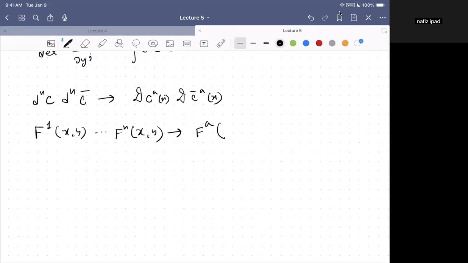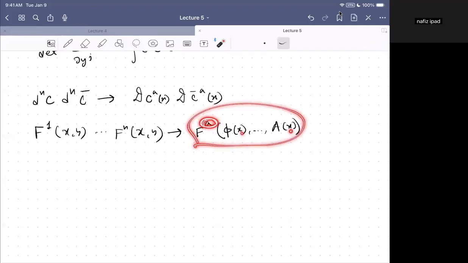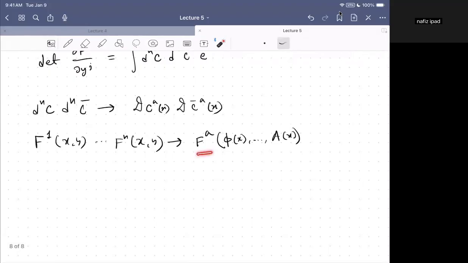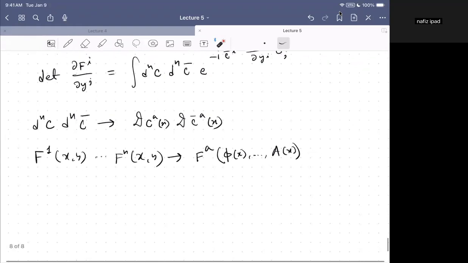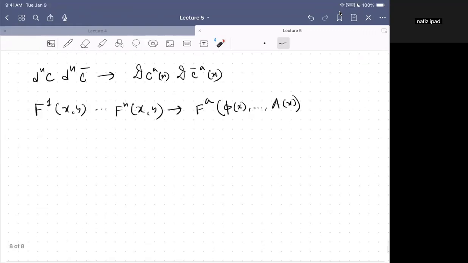And they are going to be functions of our fields, A(x). Okay. So for each value of the Lie algebra index and each spacetime point, you have a function. And we will be more specific about this function. But of course, this function is not unique. You can choose whatever function you like as long as it satisfies some reasonability condition. But we will come back to that.